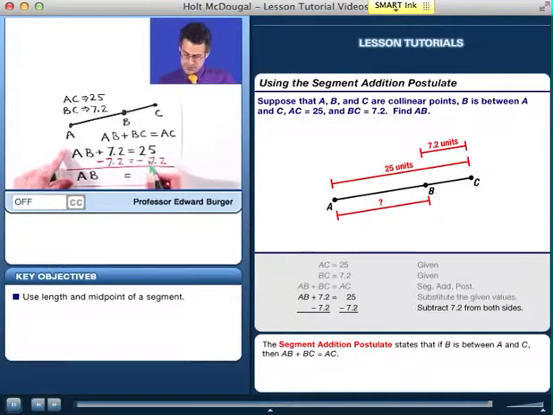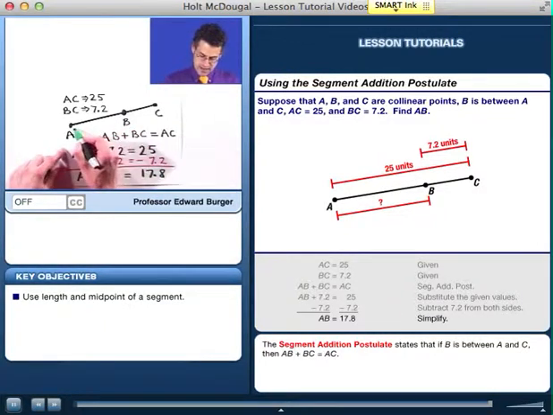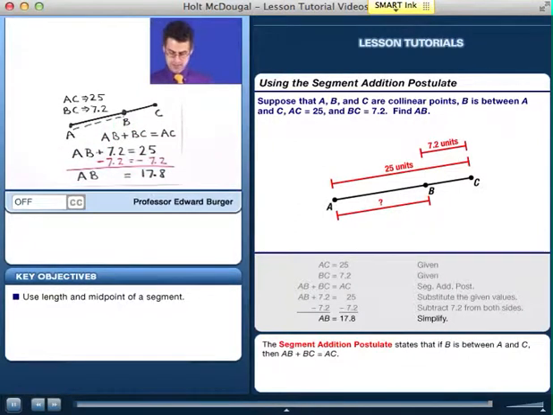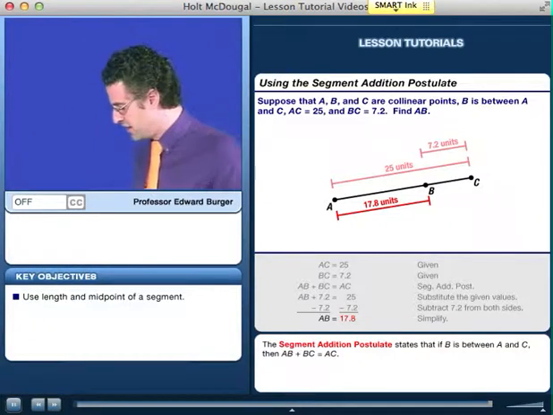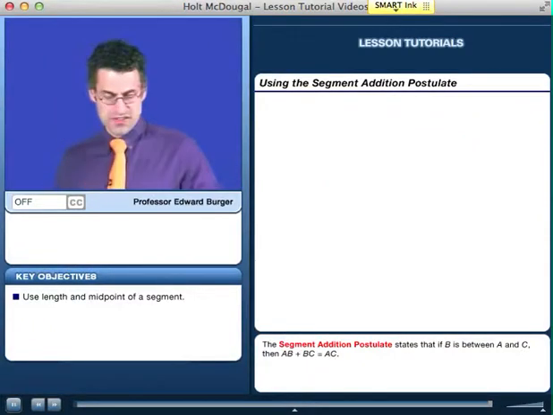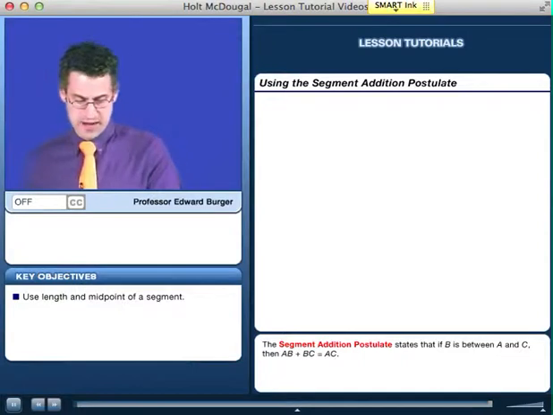And then I have 25 minus 7.2, and I see 17.8. So the length of this segment right here, we just found to be 17.8. Neat.